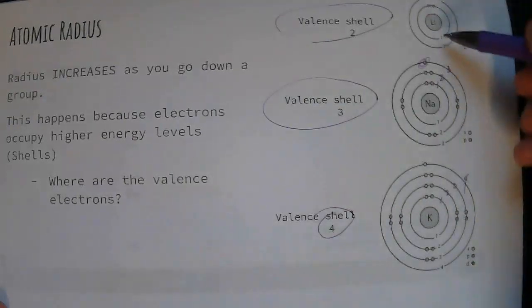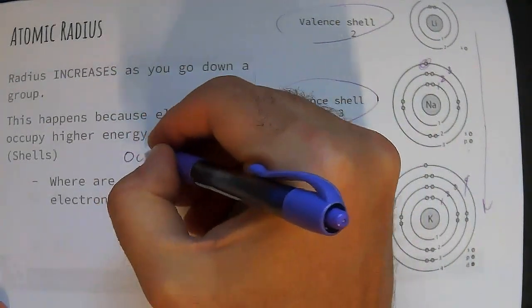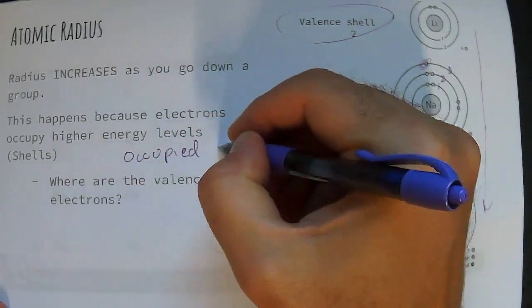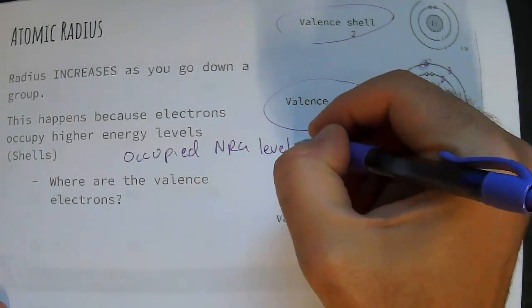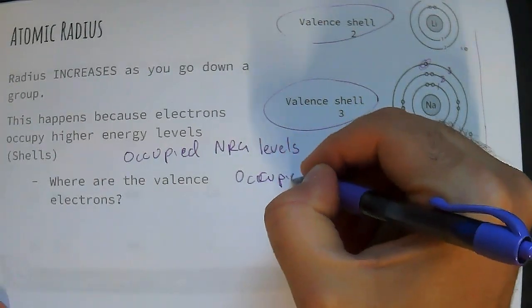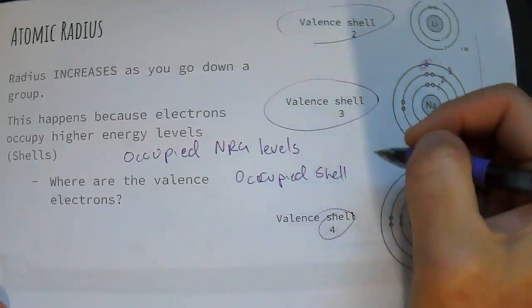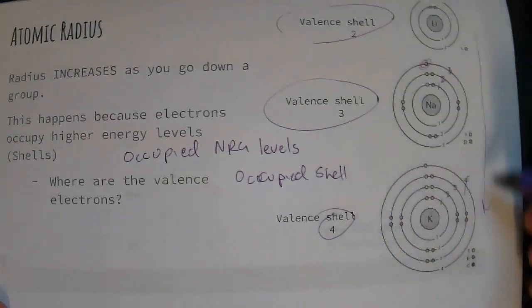So what makes it bigger as we go down the periodic table is occupied energy levels, or occupied shells. The valence electrons are in the valence shell, so as we go down, the more shells we have with electrons in them, the bigger the atom is.